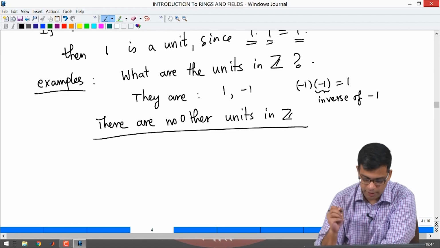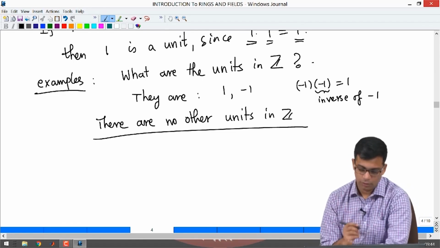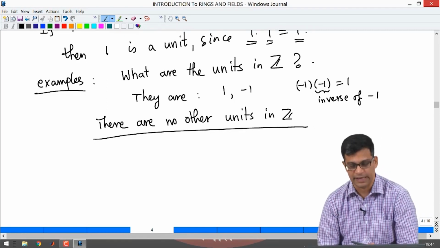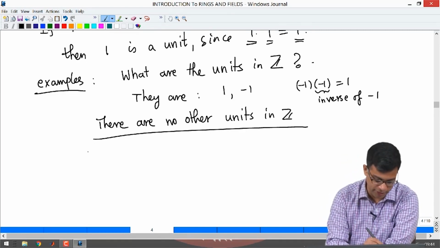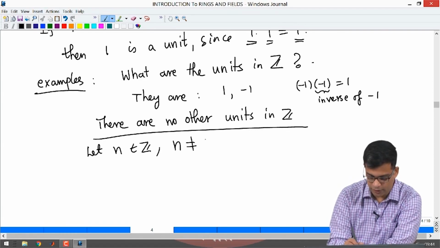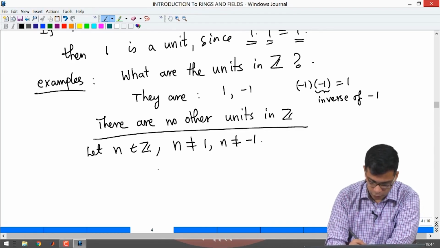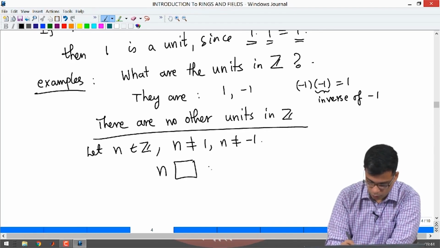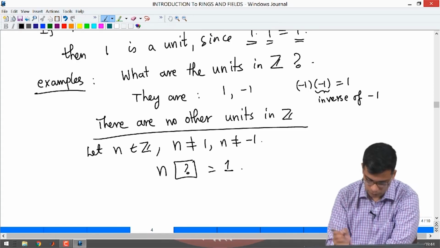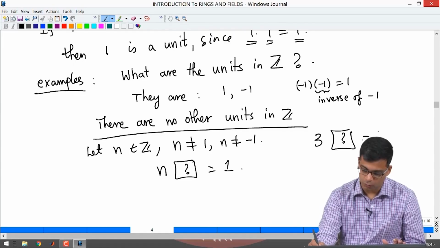Why is that? There are no other units in Z. That is because you take any integer, let n be an integer which is different from 1 and minus 1. Can you multiply n with something to get 1? So for example, if n is 3, can you multiply with something to get 1?